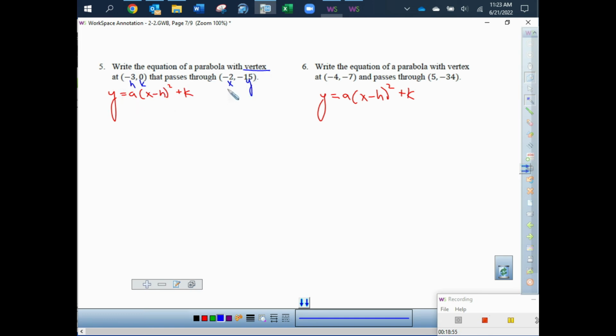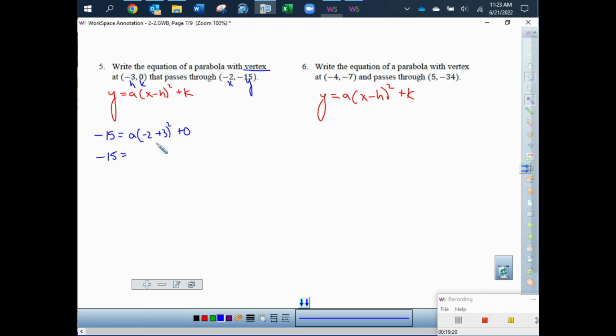So let's solve for a by substituting in. A, I don't know. X is negative 2 minus h, which is minus a negative 3, squared, plus k, which is plus 0, which we don't really need to put, but I'll put it just for your benefit. And now clean up.